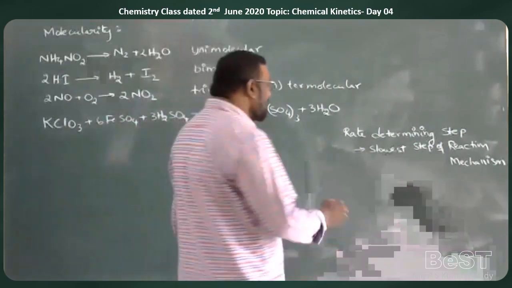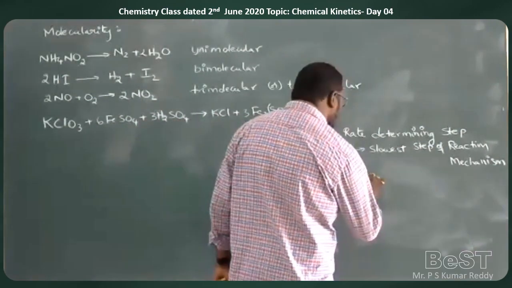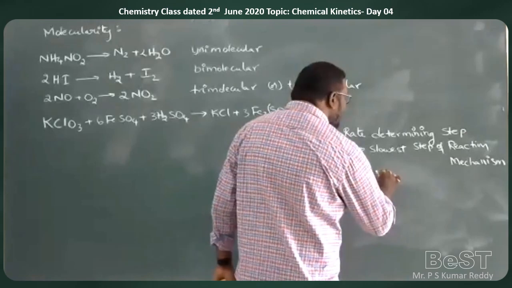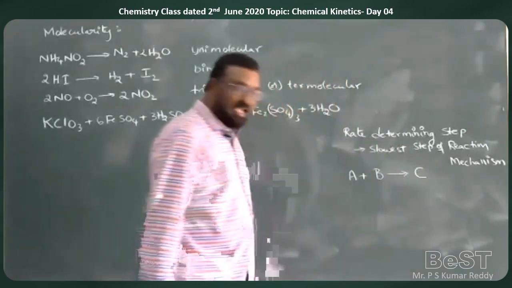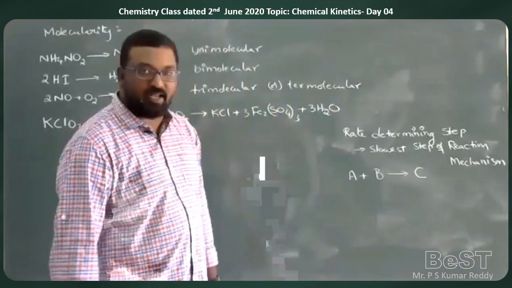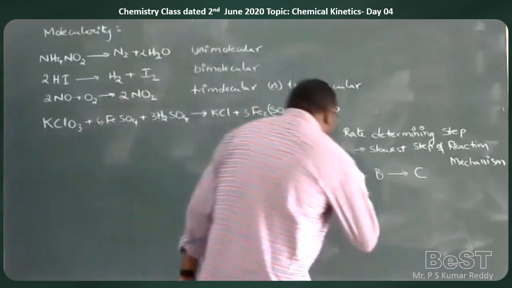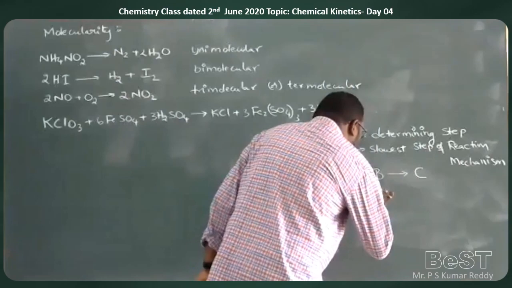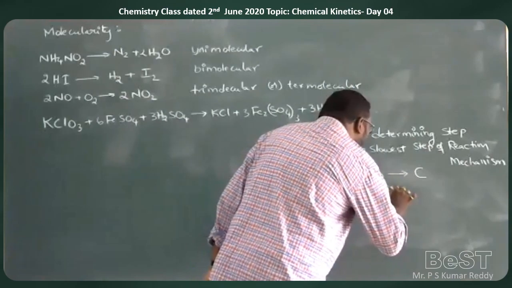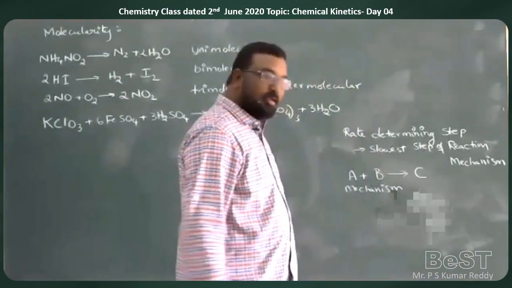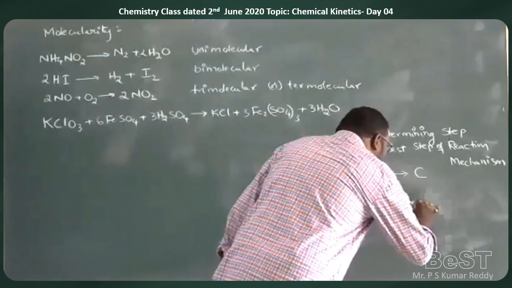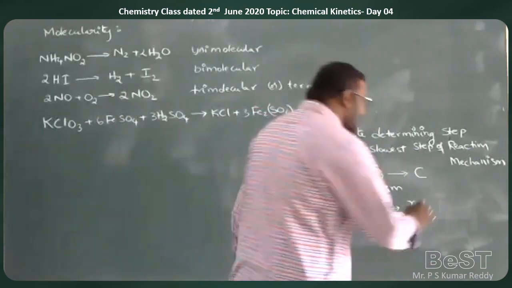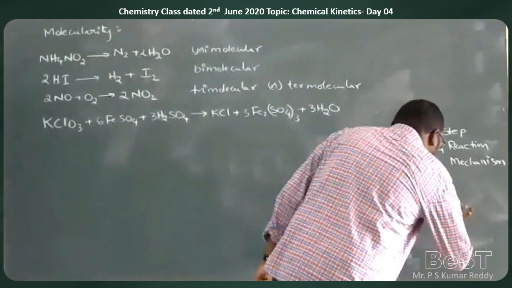For example, I am giving you a small hypothetical reaction. A plus B gives rise to C. Let us hope so. This is an overall reaction. When I am writing the mechanism, A is converted into X. This is a fast reaction.